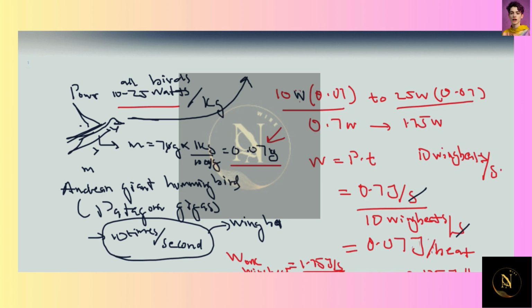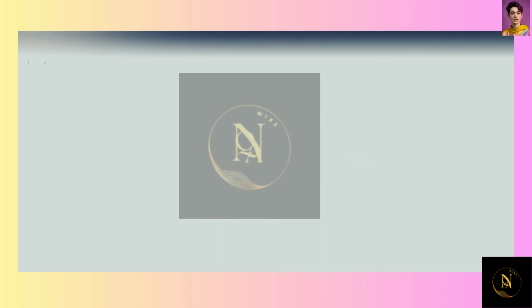So you can see in the next page that if we have the Indian giant hummingbird and it weighs 70 grams and flaps its wings 10 times per second, then each flap or each wing beat will range from 0, 0.